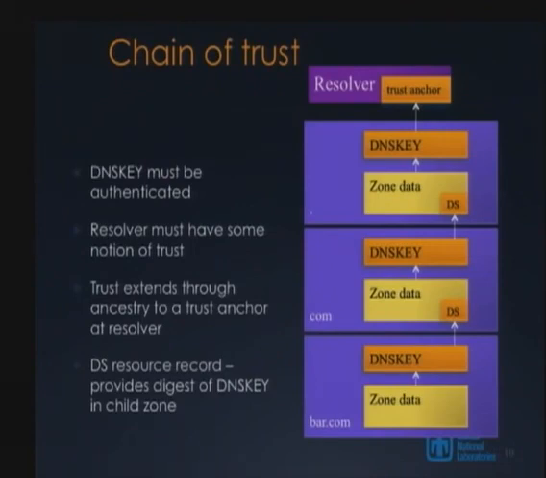And so by signing that with the rest of the zone data, the parent basically affirms that yes, this is the hash of the DNS key of the child, so you can form what's called a chain of trust from bottom to top. So a resolver now, with a single trust anchor, can verify anything in DNS with this chain of trust.